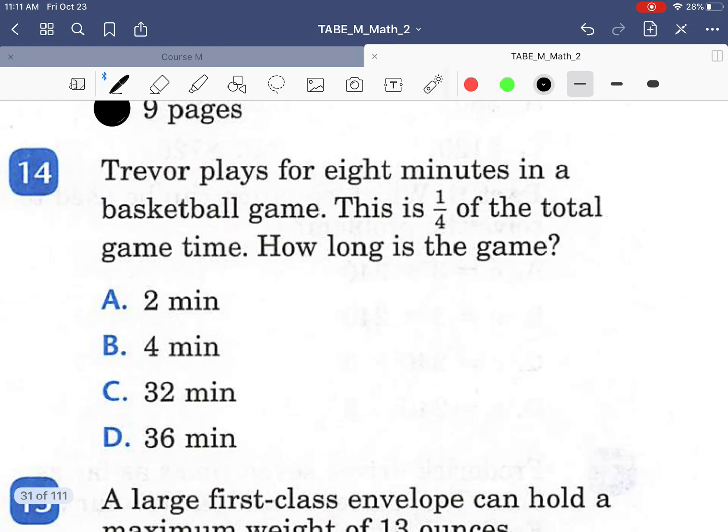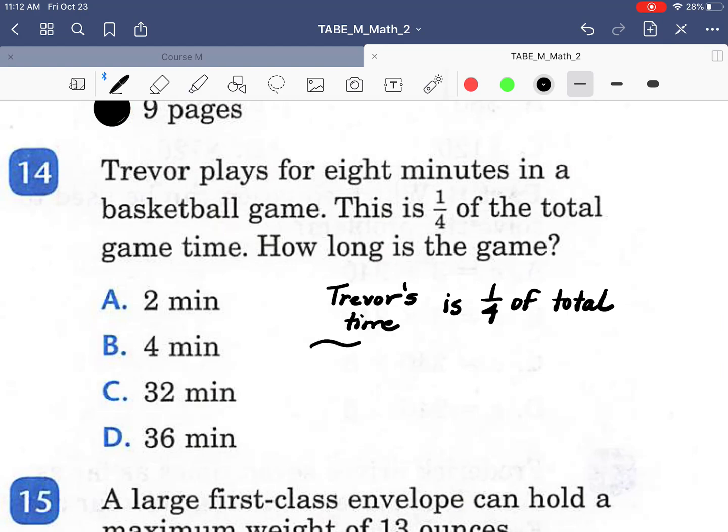Trevor plays for 8 minutes in a basketball game. This is 1/4 of the total game time. How long is the game? So Trevor's time is 1/4 of the total time. And Trevor's time is 8 minutes.